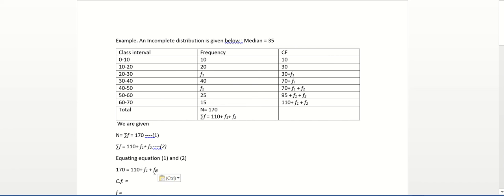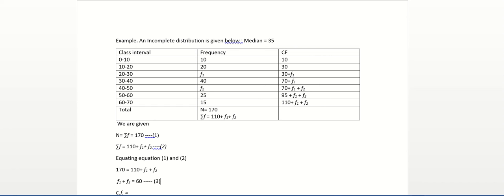From this equation we can find F1 plus F2 equals 170 minus 110, which is 60. So this is our equation 3.